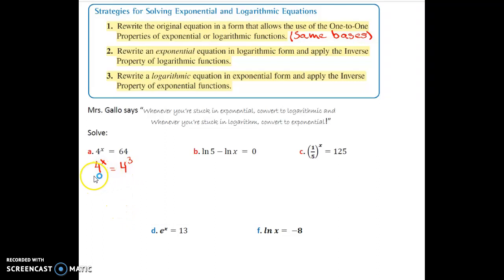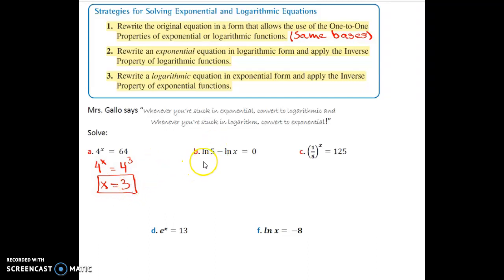Whenever you have the same base, the only way that these two quantities are equal to one another is if and only if the exponents are equal. The way that most students tend to say is that you can eliminate the base and just set the exponents equal to one another. We get that x is equal to 3.